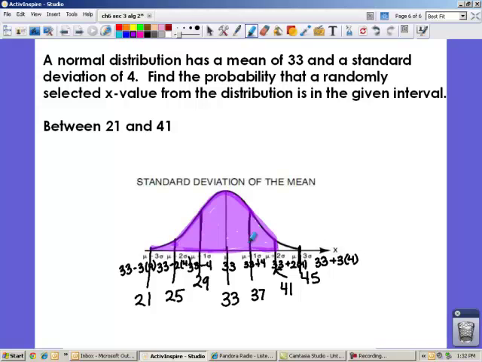Okay, so all we have to do now is figure out the percentages. And those remain the same. Okay, we have 13.6 percent here. We have 34, 34, 13.6, and the other one is 2.35.